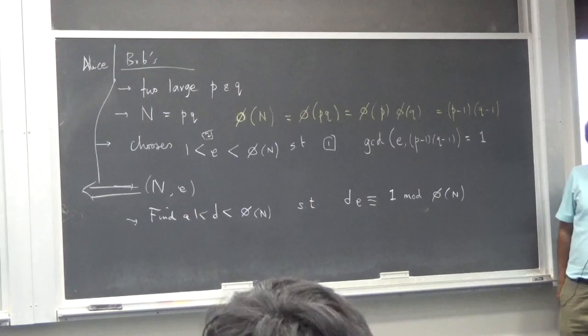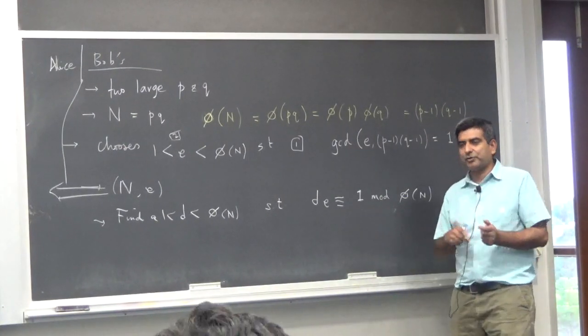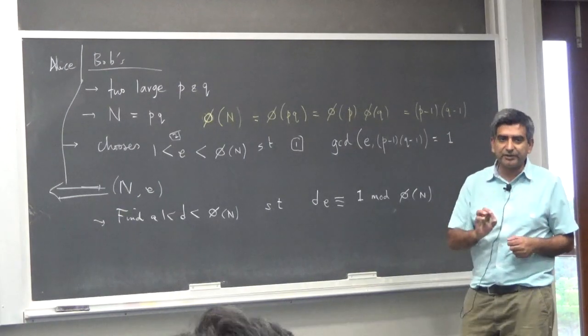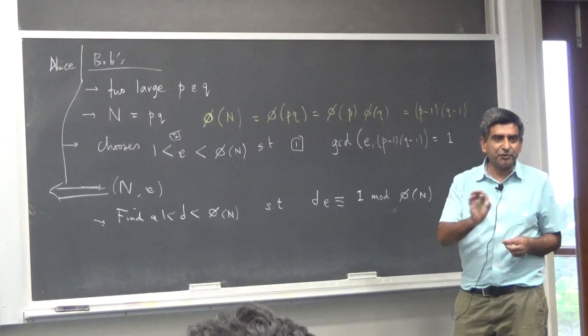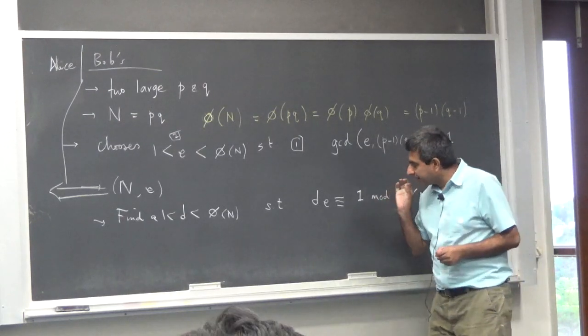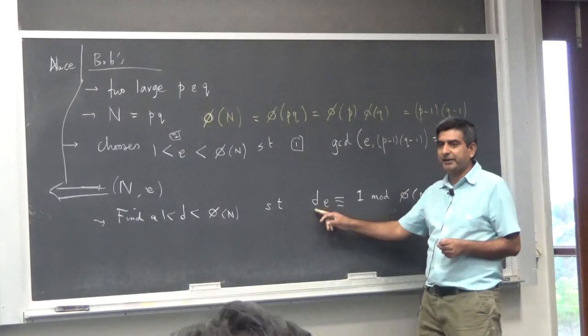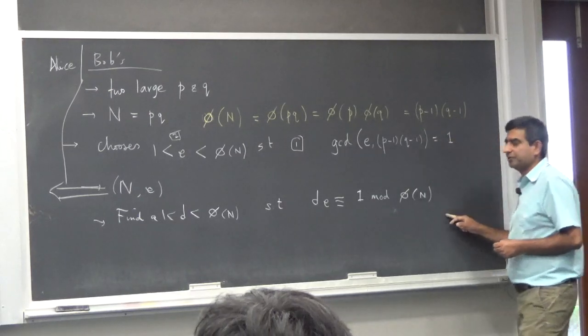Okay, so D is some other integer and Bob has to use some algorithm, and there needs to be an efficient algorithm for that, and it does exist. It's called the extended Euclid algorithm, and you can look it up. It helps you find D if E is known, which satisfies this condition.